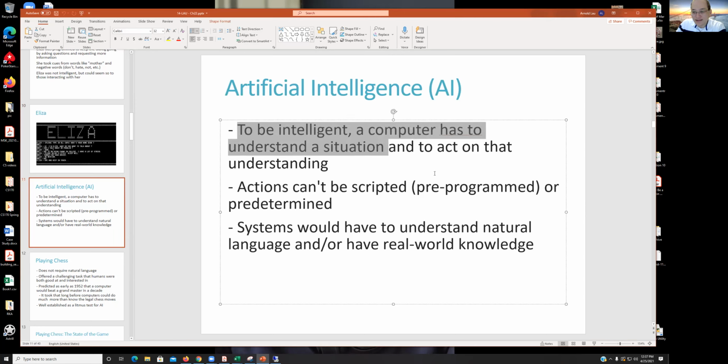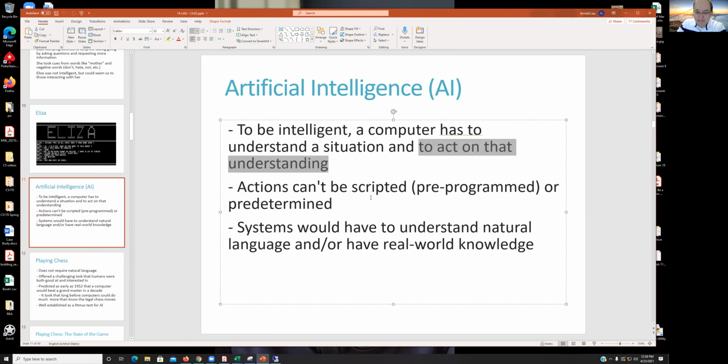That's pretty key: the computer understanding the situation and then acting on that understanding. Later on, we're going to get into something like IBM Watson doing Jeopardy and how it goes through this step to understand the situation and then act on the understanding.